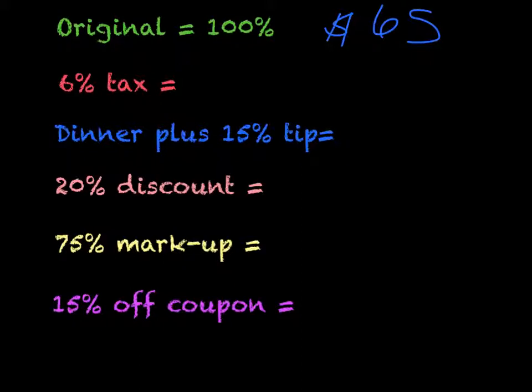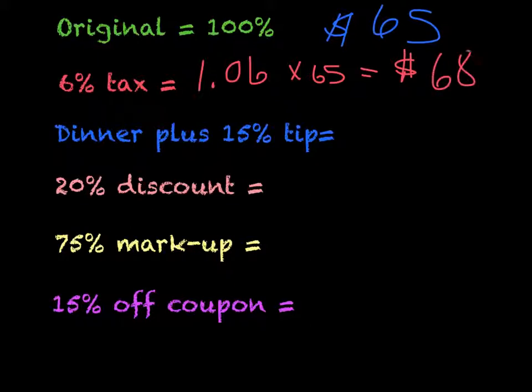If I wanted to find out what a 6% tax is, I would convert that to 1.06 because it's extra, multiply by $65, and my final price would be, since we're talking money, I'm going to have the dollar sign there, $68.90. My calculator just said 0.9, but since we're talking money, I'm going to say 90 cents.